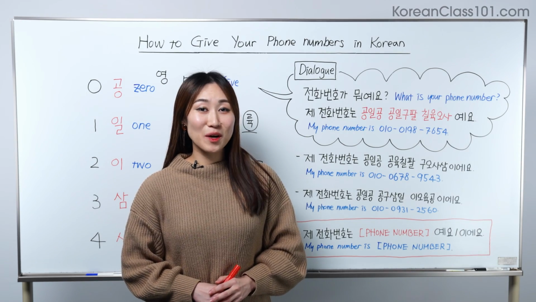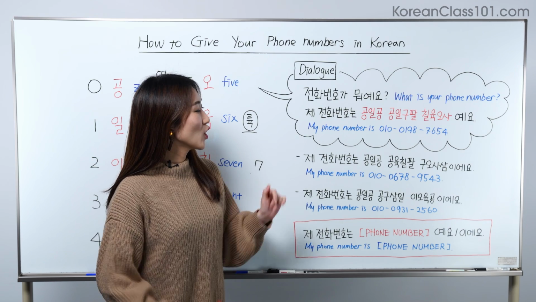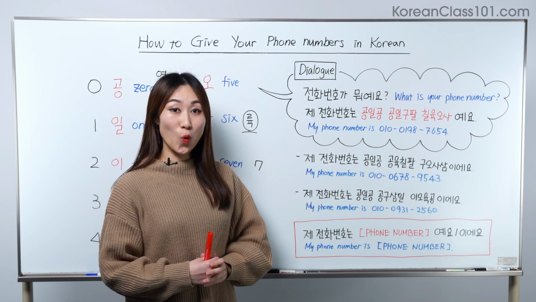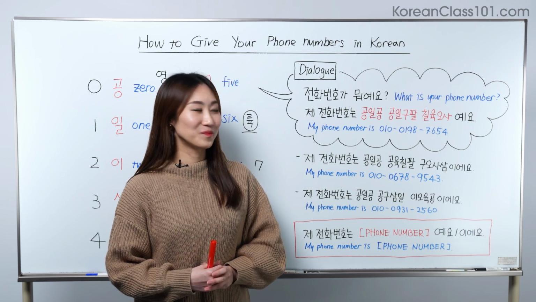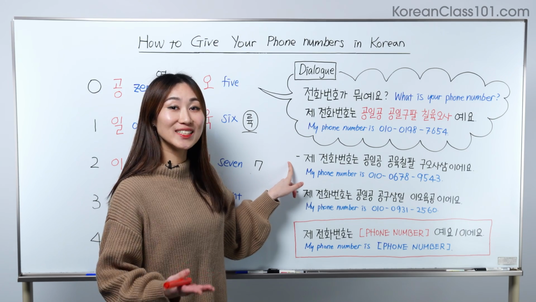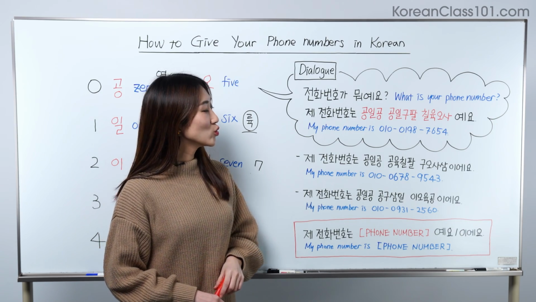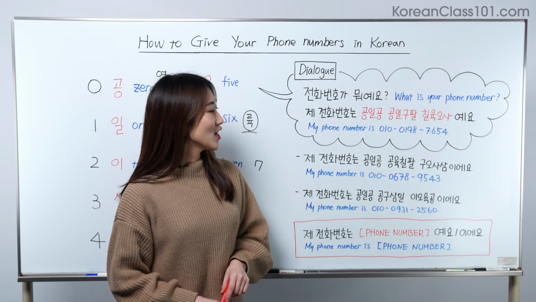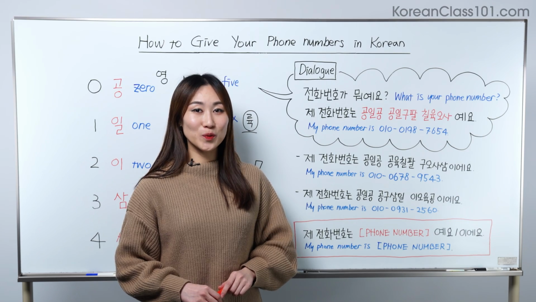Let's look at more examples. 제 전화번호는 010-0678-9543이에요.